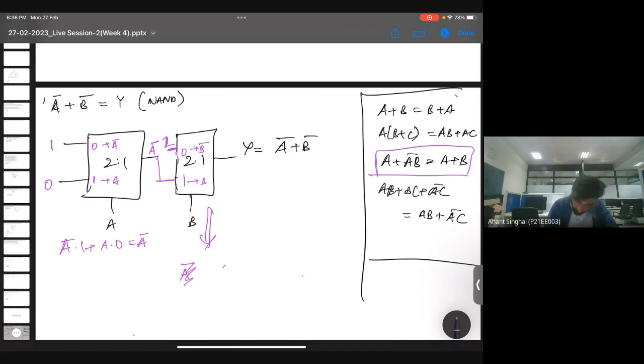This will be nothing but 1 into B bar plus A bar into B. I hope it is clear. It is nothing but B bar plus A bar B. Can anyone tell what the answer will be using this property? You can replace A with B and B with A, so it will look similar to you.